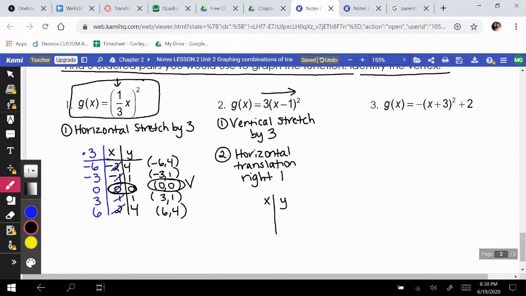To get my points, I'm going to first write my parent points, and I'm going to transform those to vertically stretch by 3. It's vertical, so I multiply the y values by 3.